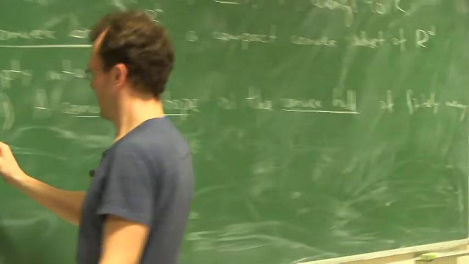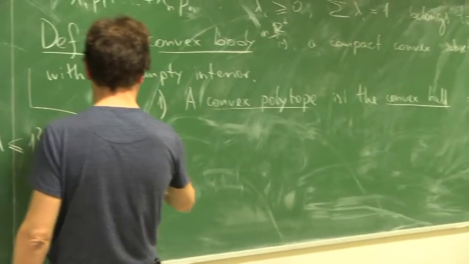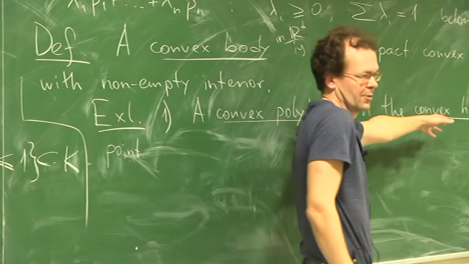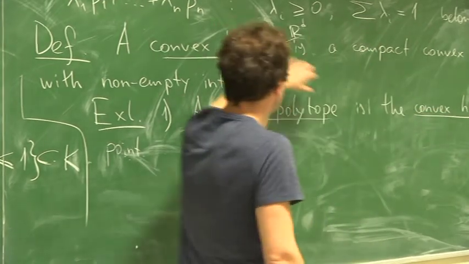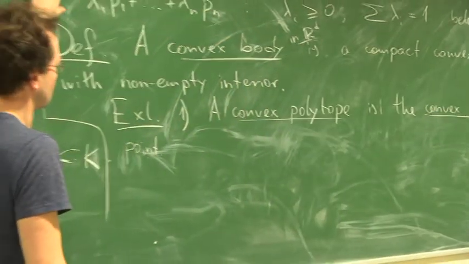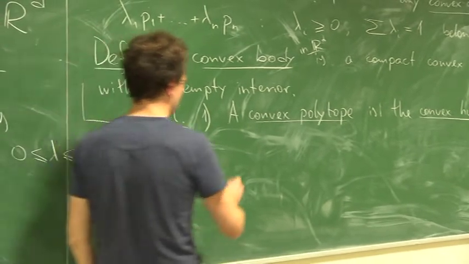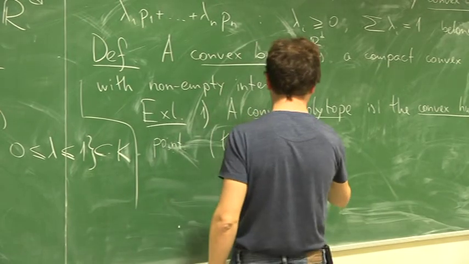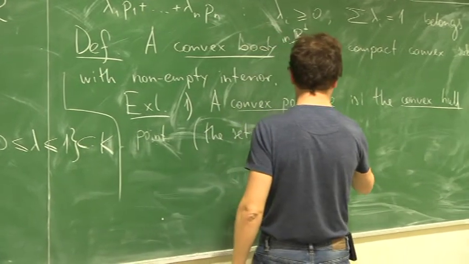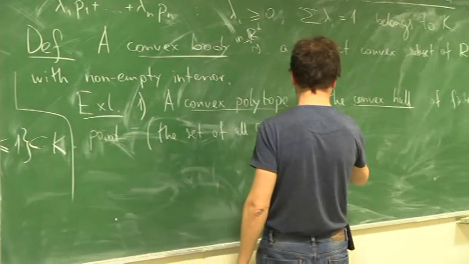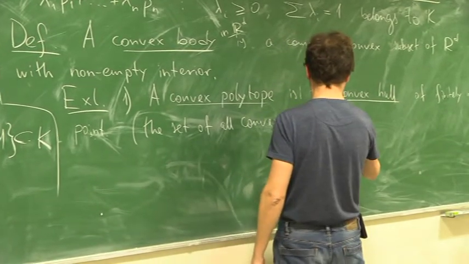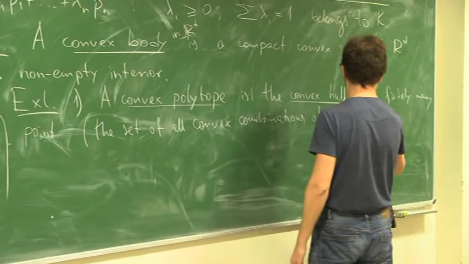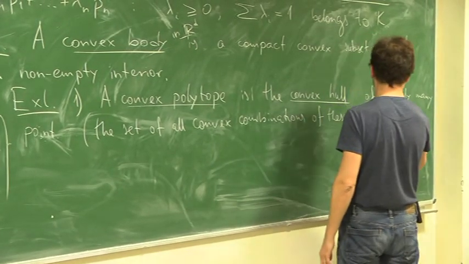And by convex hull, similar to the linear hull or affine hull, we mean the set of all convex combinations of these points.